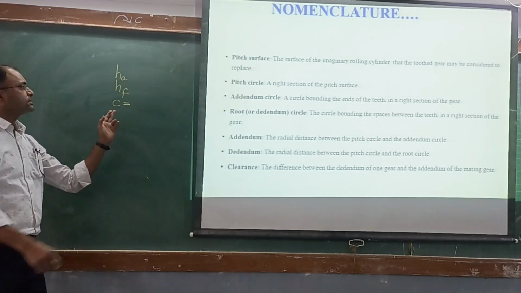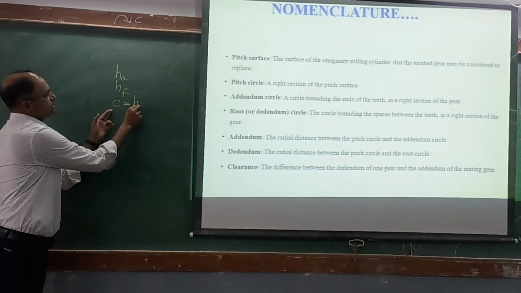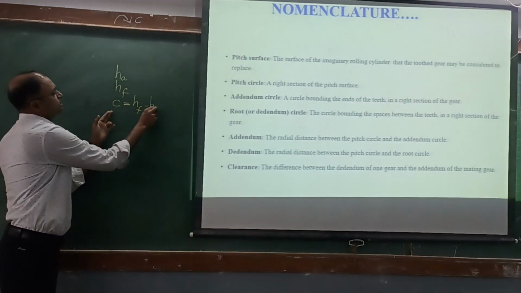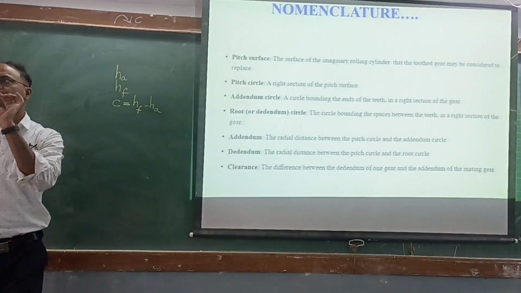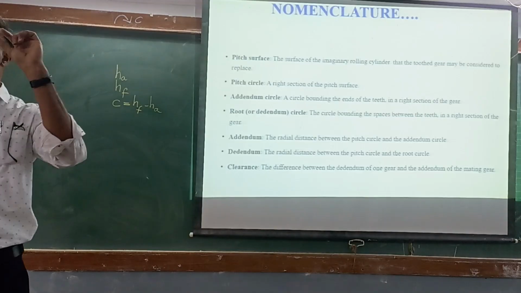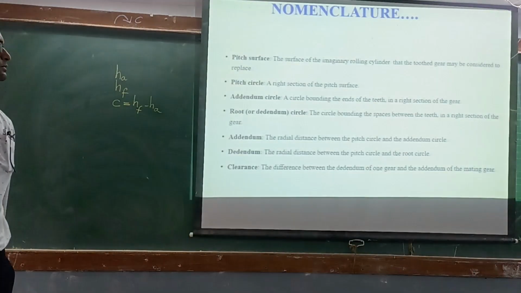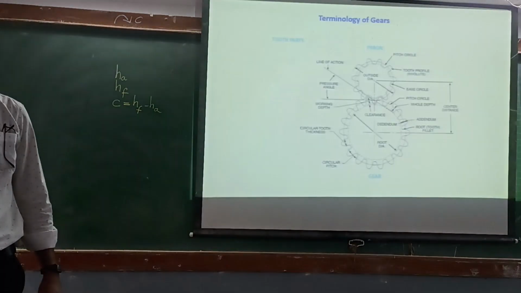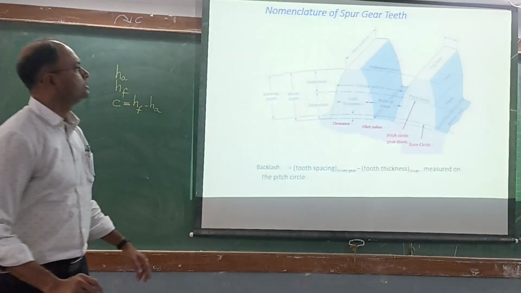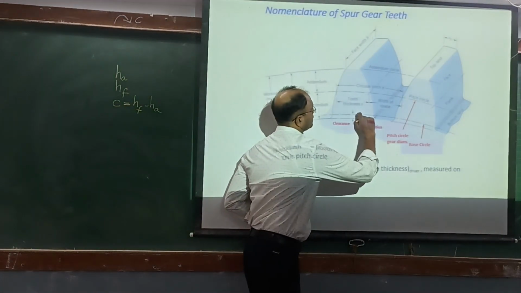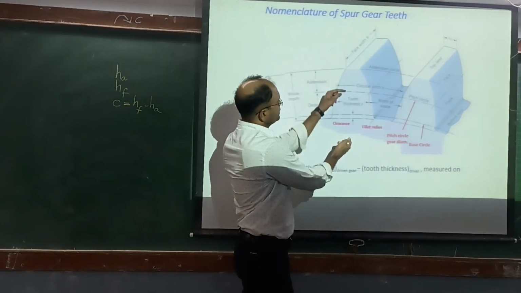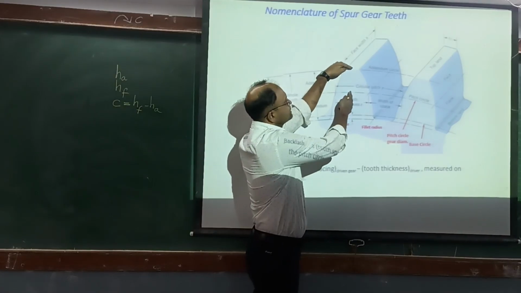So in the form of equation I can write this clearance as HF minus HA. That intentional clearance or distance is always provided. Okay, it is this distance in the diagram. You can see here. This small distance is called as clearance, which is dedendum minus addendum.